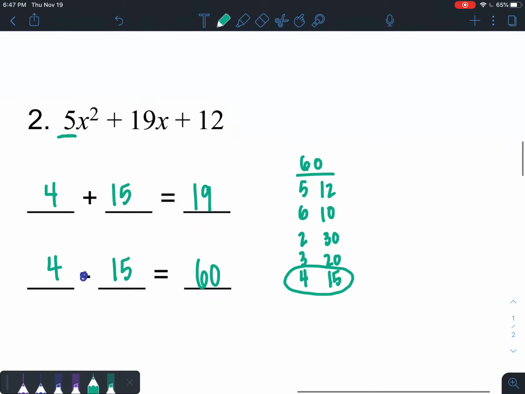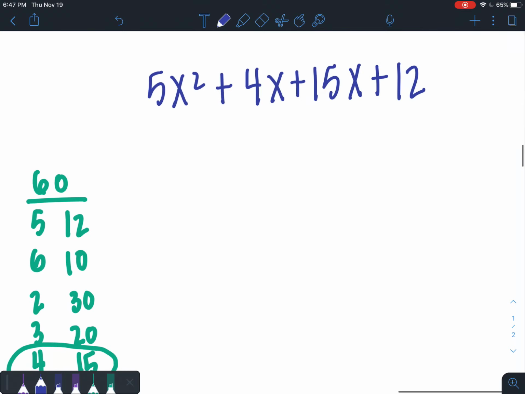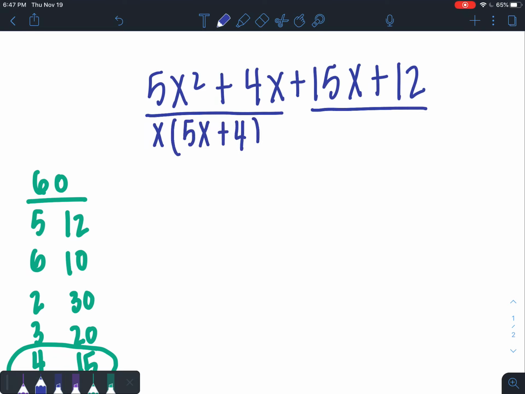Because I have a coefficient out front of 5, I have to split the middle. So I have 5x squared plus 4x plus 15x plus 12. I'm going to factor each of these separately. From 5x squared and 4x, 5 and 4 have nothing in common, but we do have an x in common. So we're left with 5x plus 4.